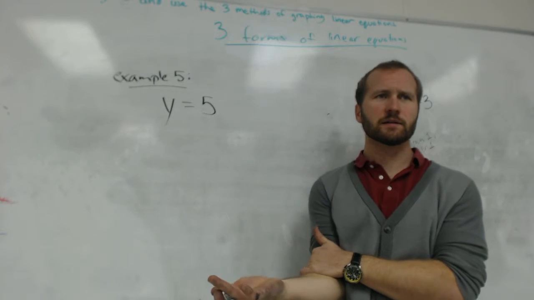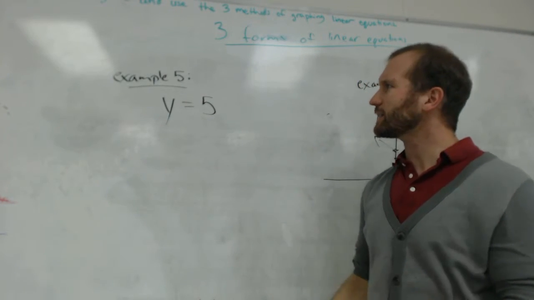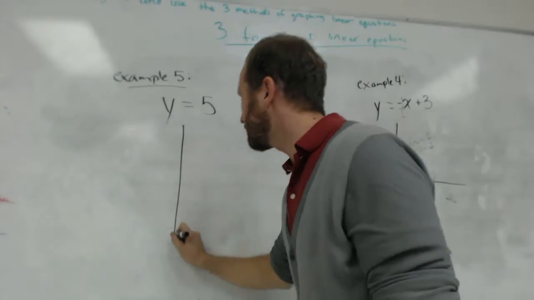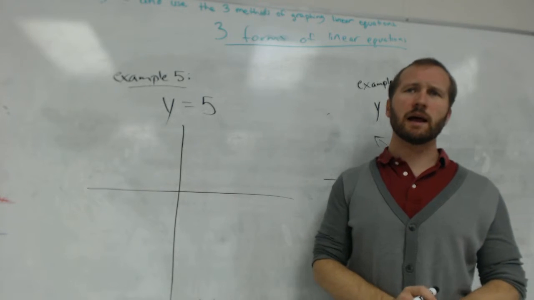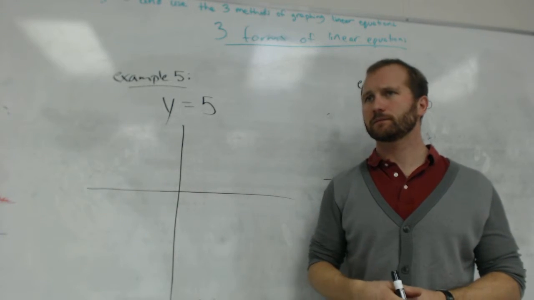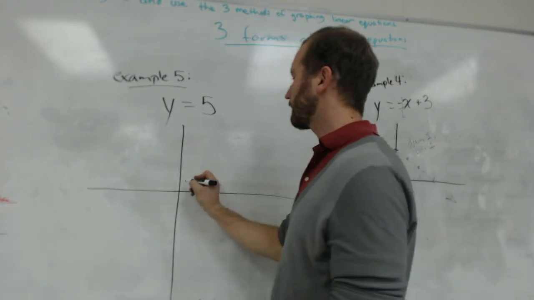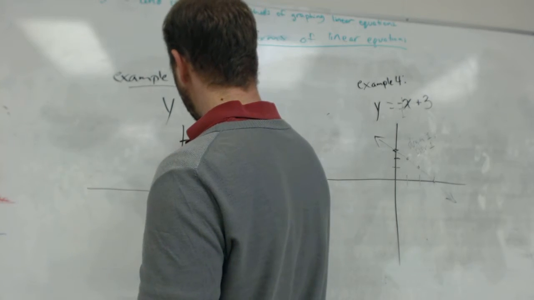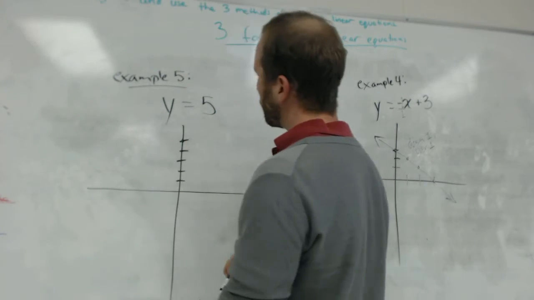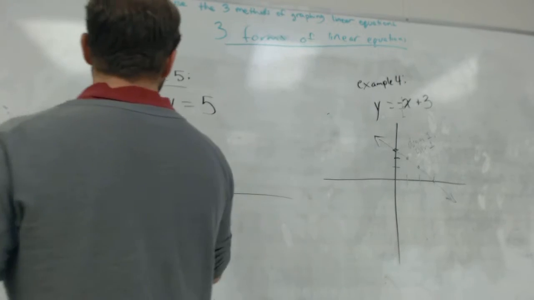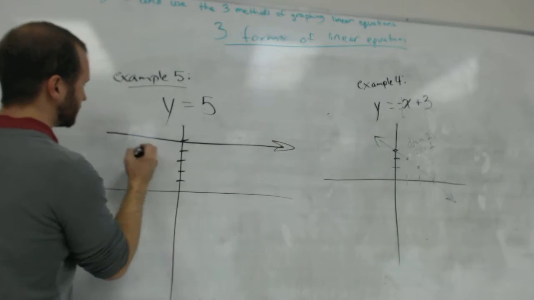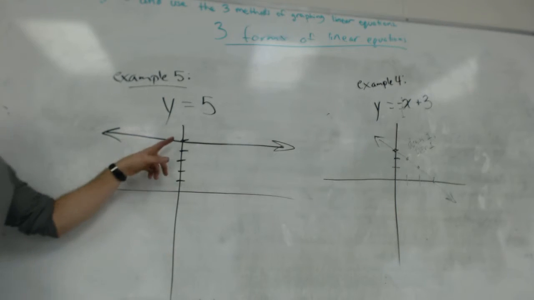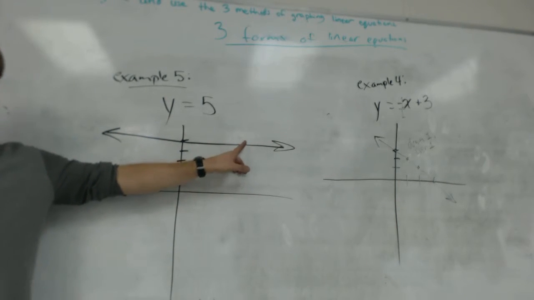There's no x in that. How do I make y equals 5 into a line? Yeah. You go up 5 on the y-axis, and then I just go across, parallel to the x-axis. Right? Here, y is always equal to 5.